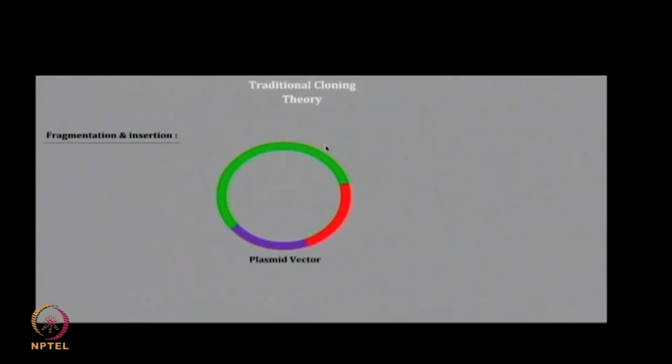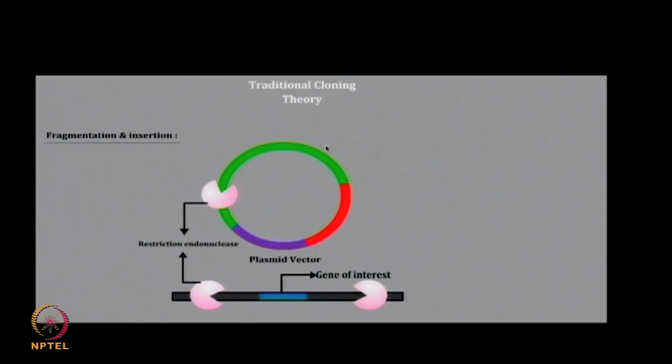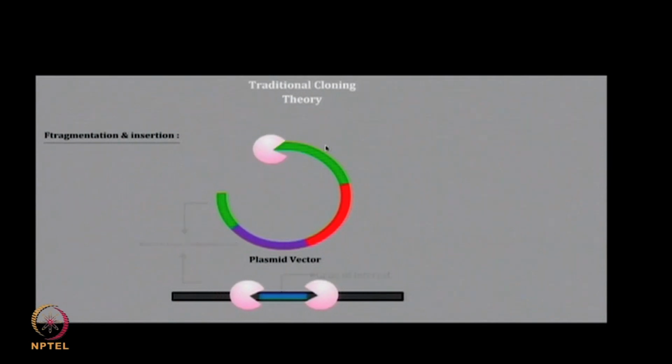The conventional cloning protocol makes use of a restriction enzyme that fragments the selected plasmid vector as well as the DNA sequence containing the gene of interest at the same recognition site.